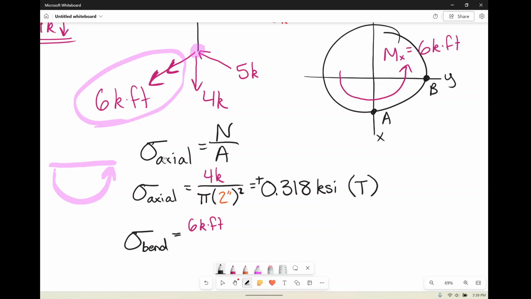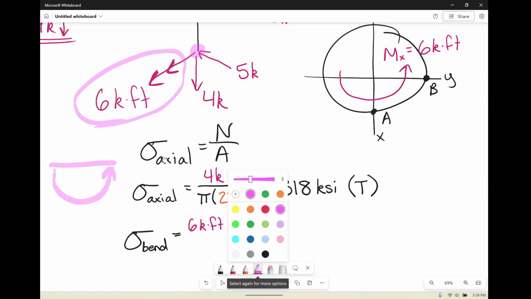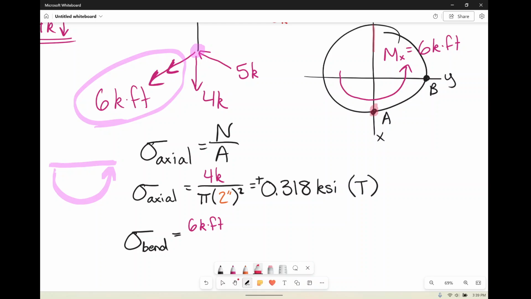So if we're looking at point A, the distance at point A to this neutral axis is 0. Yes, he's on the neutral axis of bending, so sigma bending for A is nothing, by the way.